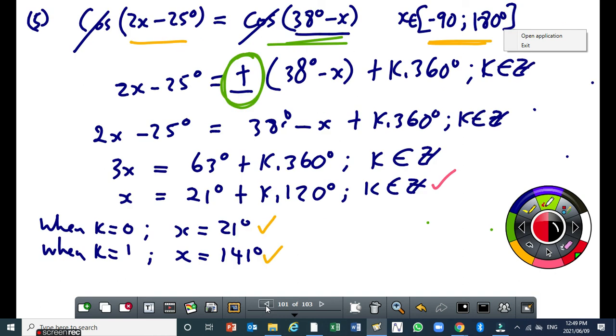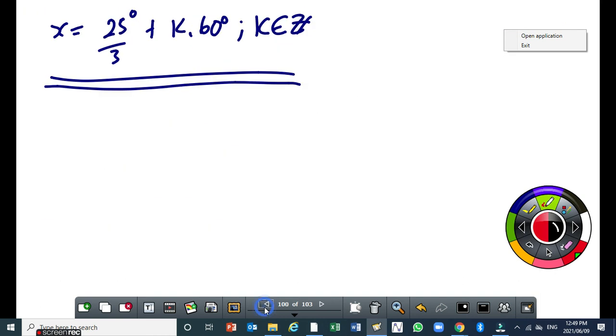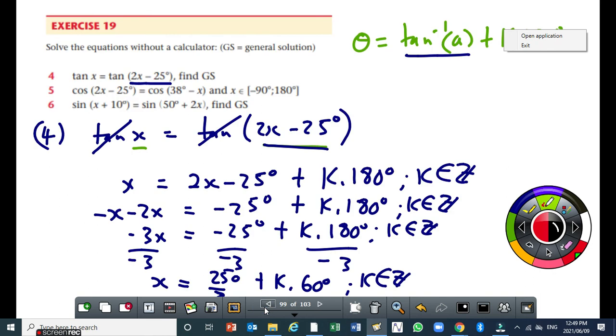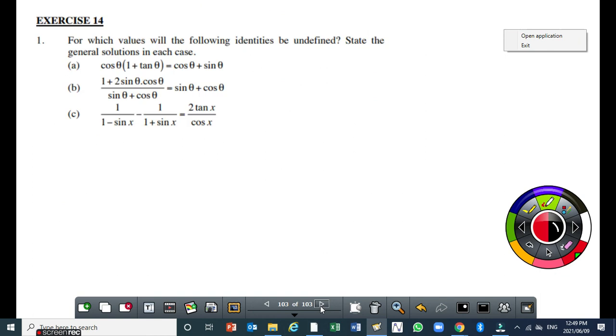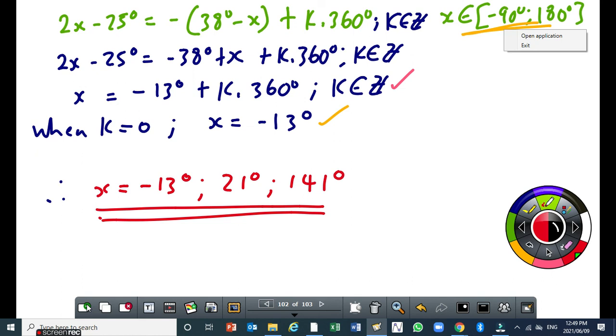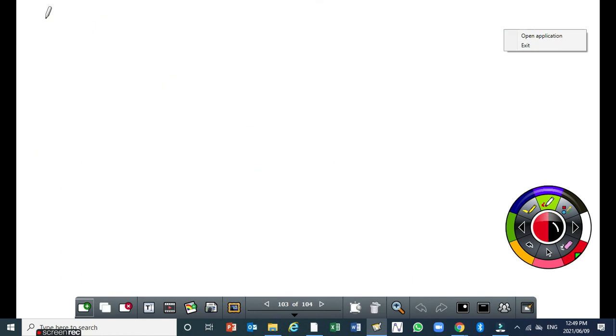Right. The last one is sine now, x plus 10 and 50 plus 2x. So it will be sine of x plus 10 degrees is equal to sine of 50 degrees plus 2x.